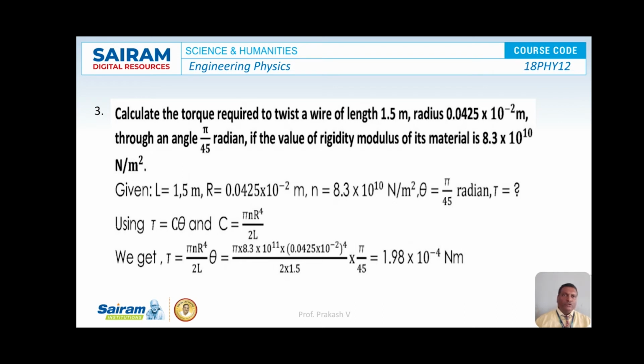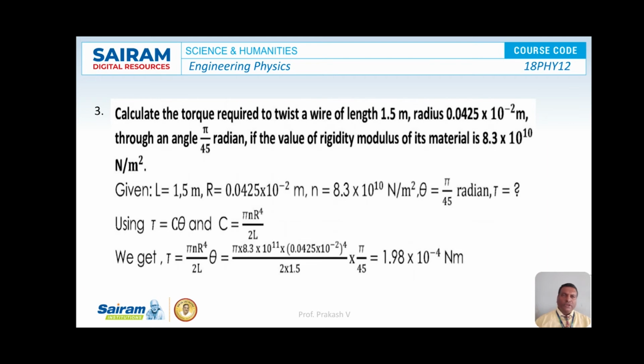That is, T is equal to how much? So we know the equation for torque, T is equal to C theta, where C is pi n r to the power of 4 by 2L. So that is the couple per unit twist, and we get T as pi n r to the power of 4 by 2L into theta.